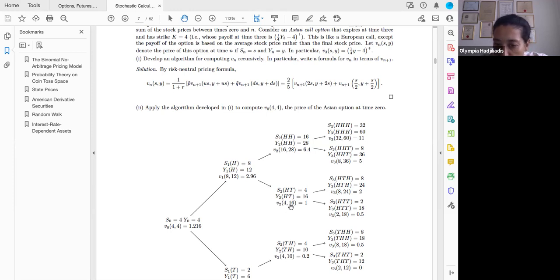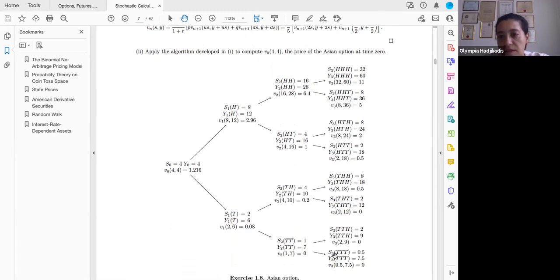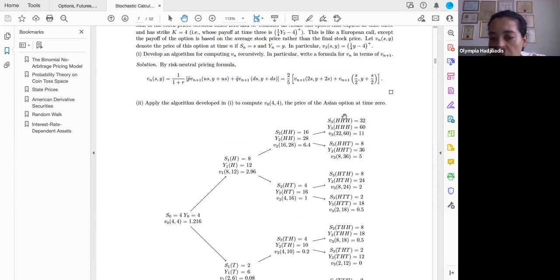And to obtain V2(4,16), you apply this formula to V3(8,24). So it's 2/5 of V3(8,24) plus V3(2,18). That makes it 1, etc. And so it's computed recursively from the end, from right to left, if you like, by using exactly this recursive formula.